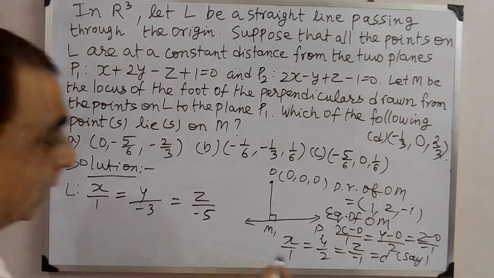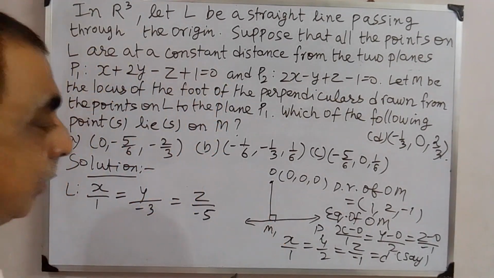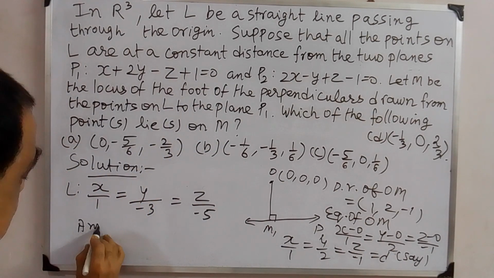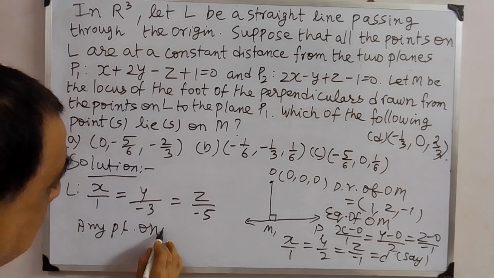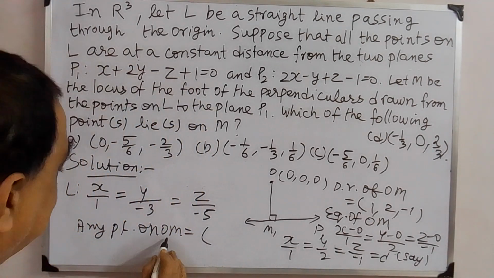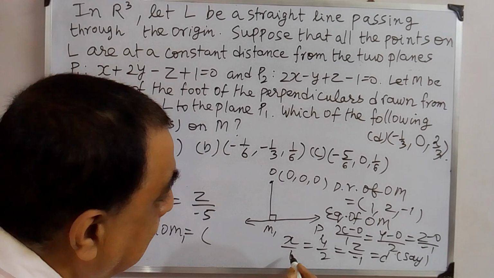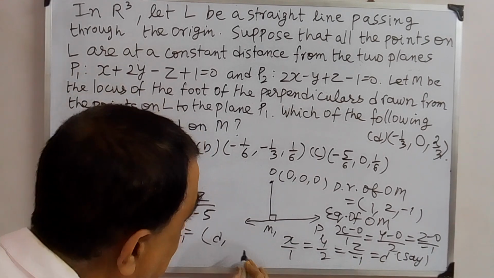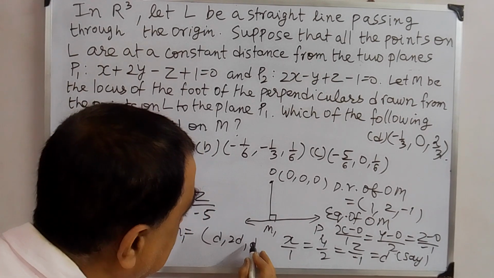So any point on the line OM1 will have the coordinates 1 into lambda, 2 into lambda, that is 2 lambda, and minus 1 into lambda, that is minus lambda.